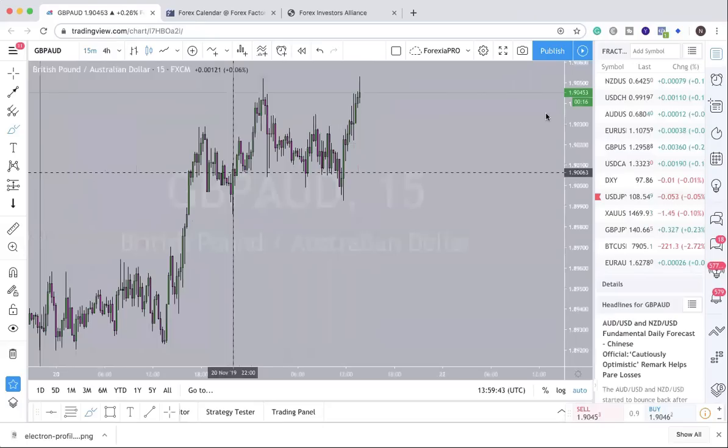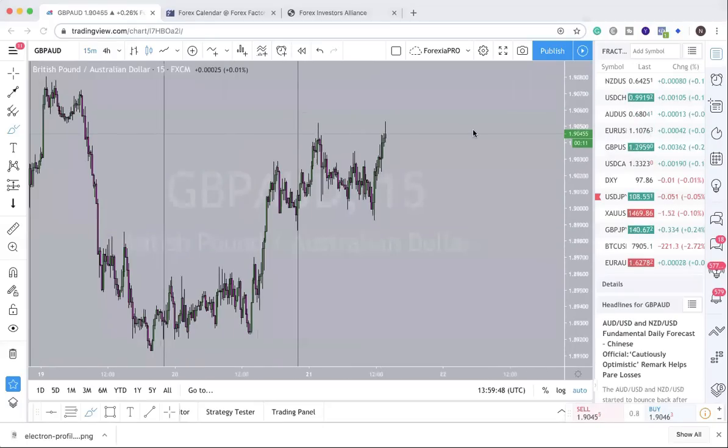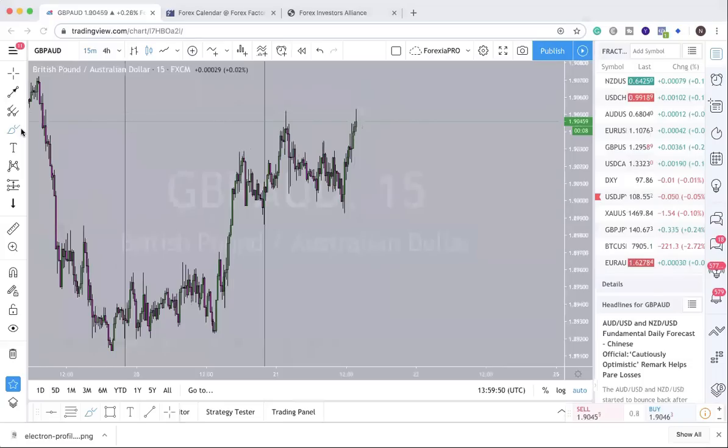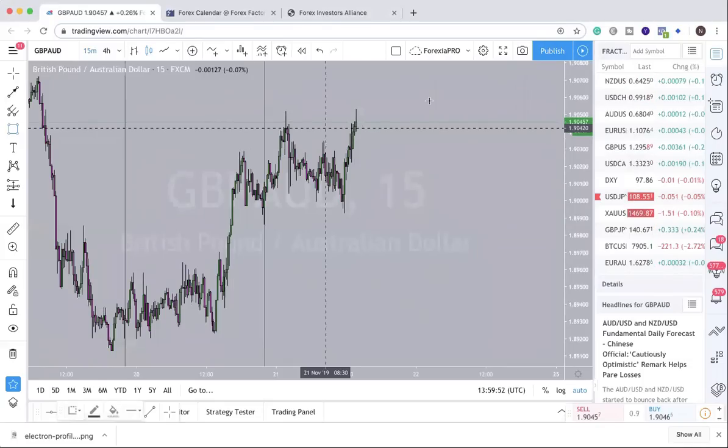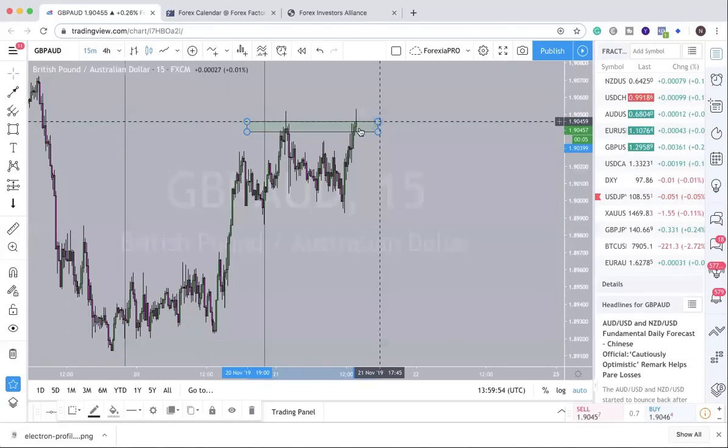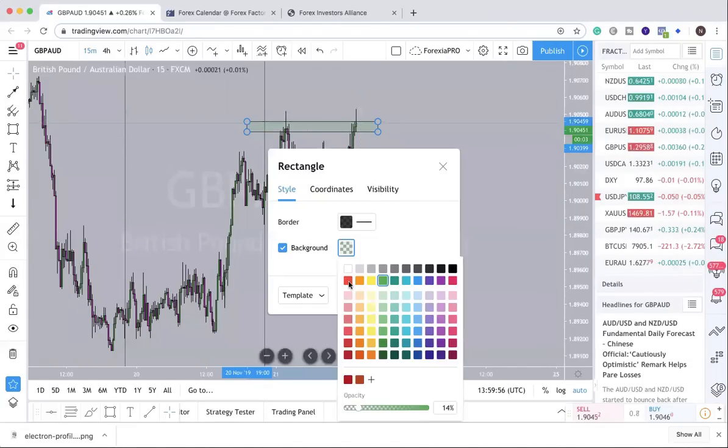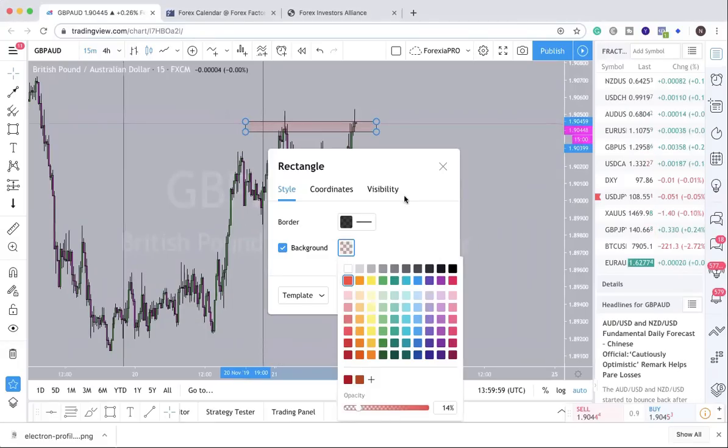GBP AUD. All right. GBP AUD looks like it's working off a high of the day. Possibly stop hunting the high.